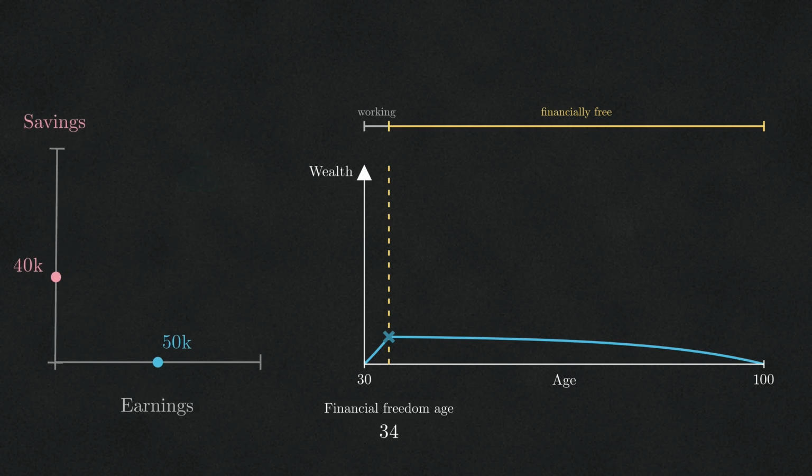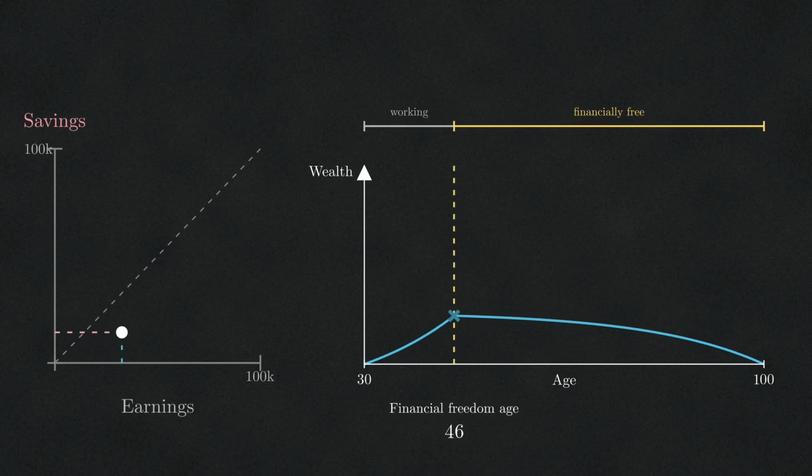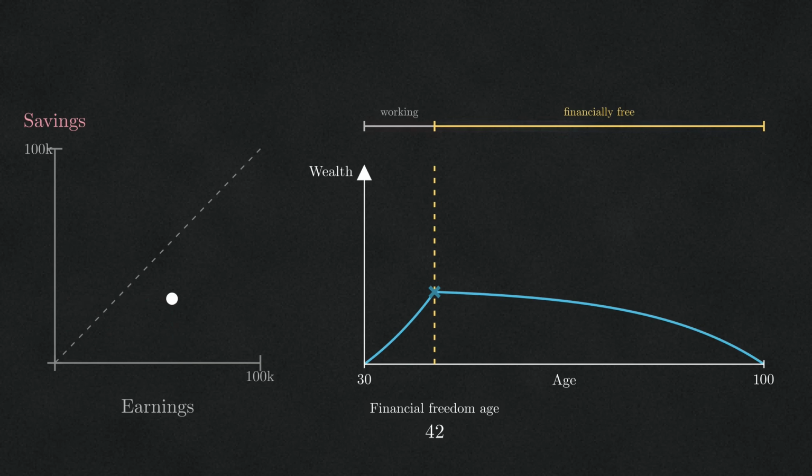Our inputs can better be thought of as a 2D space that we can move around. Let's assign each financial freedom age a color to see this more clearly, with red meaning early financial freedom and blue later financial freedom.